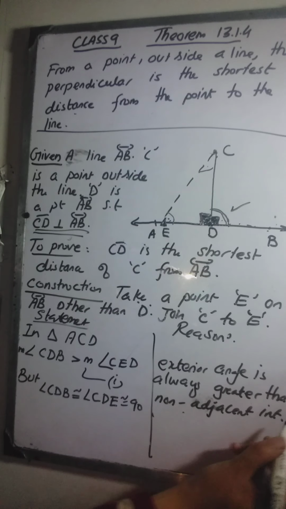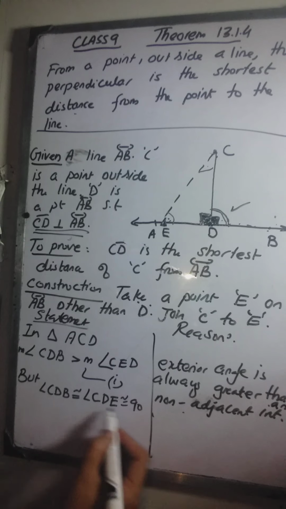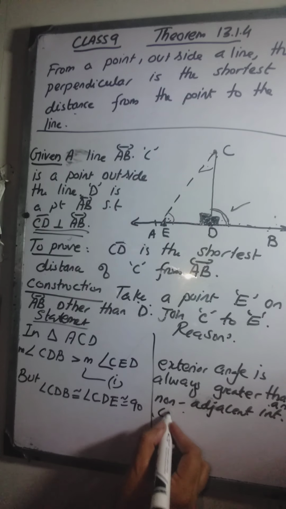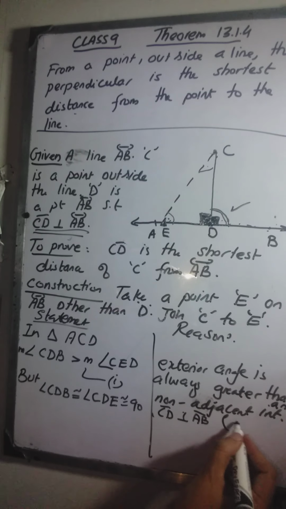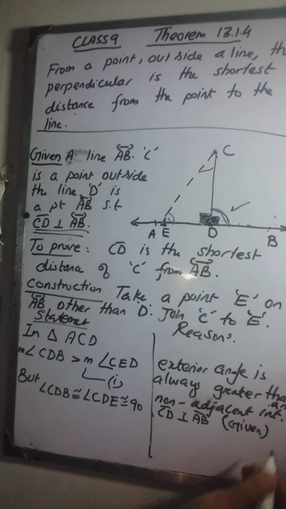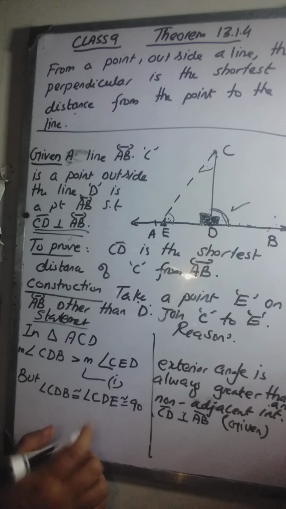Let me write it here, angles. Now the reason for this will be, it is given that CD is perpendicular to AB. It was given to us. Now CDB is congruent to CDE.